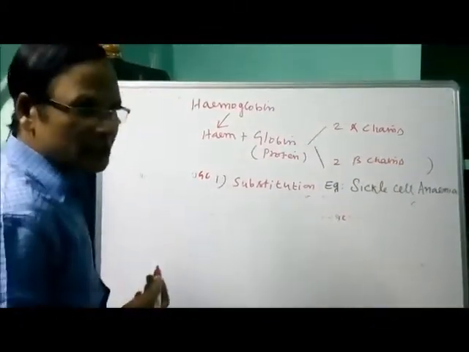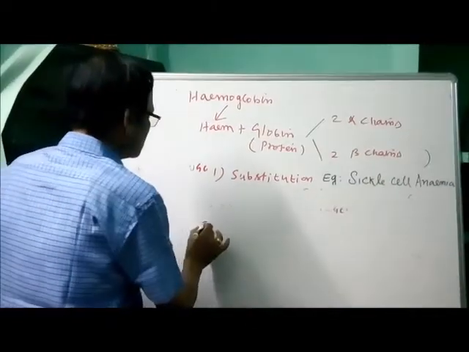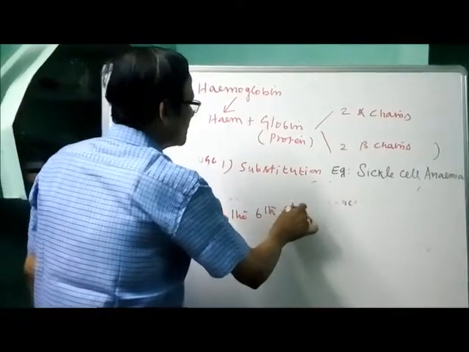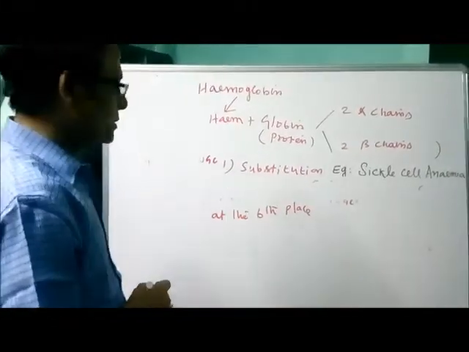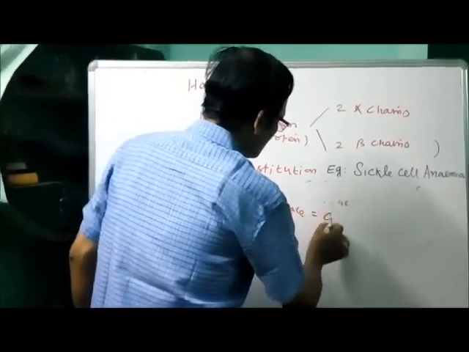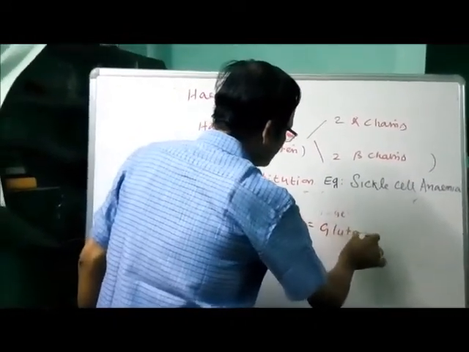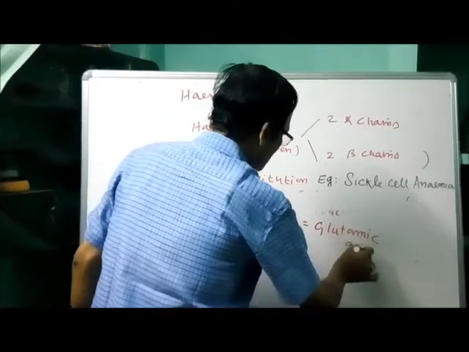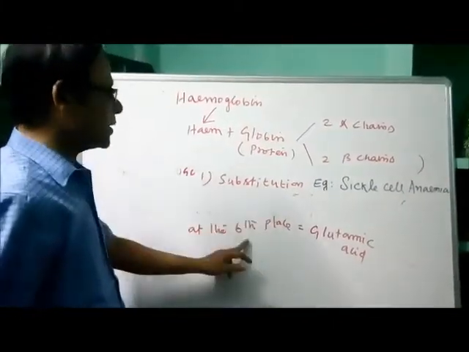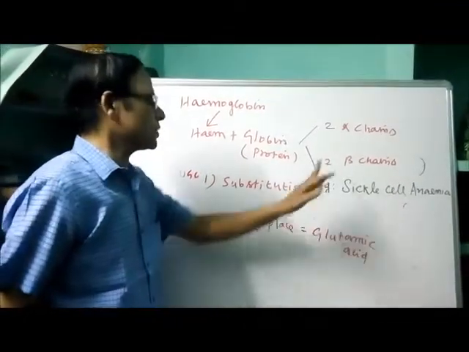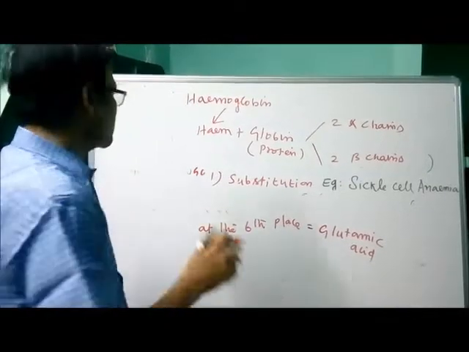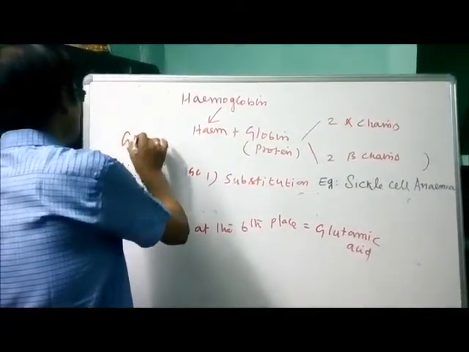Now, in the beta chains, at the 6th place, normally there is one amino acid called glutamic acid. This is the amino acid present in the 6th position of the beta chain. Now this glutamic acid is coded by the nucleotide sequence GAG.